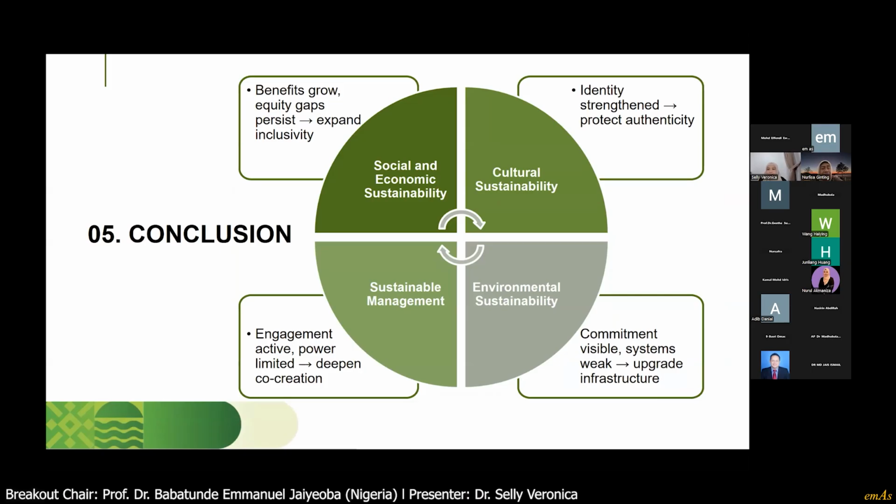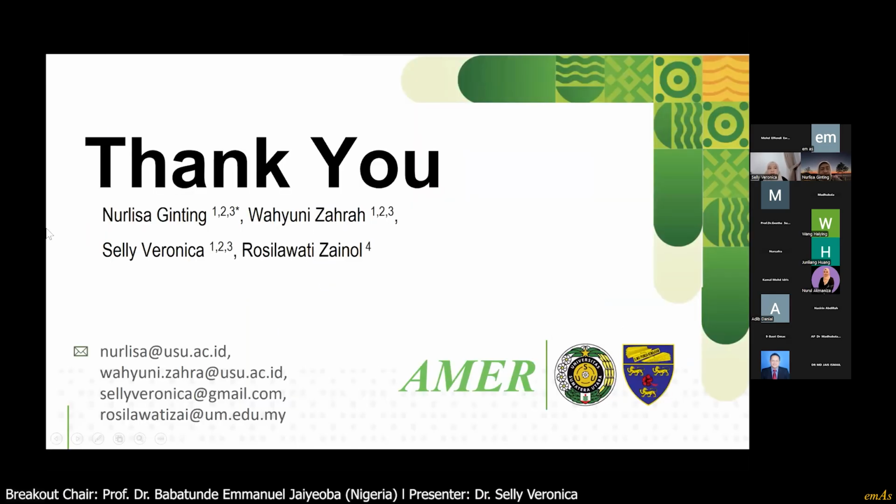Did you observe anything like that? And what are the recommendations of the team to make sure that the economic and financial issues don't override cultural sustainability, environmental sustainability and sustainability management? What's your comment about that?